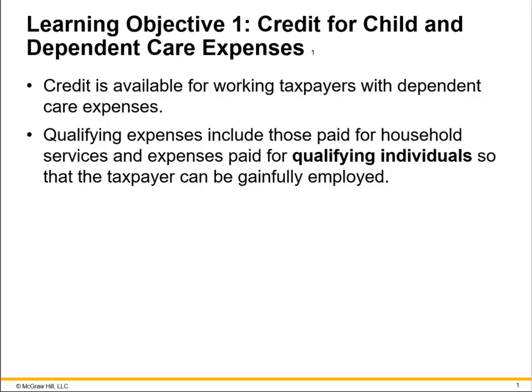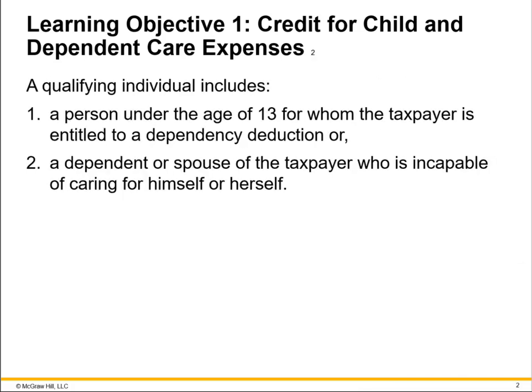Okay, so the first thing you have to have is a qualifying individual. That's a person under 13. So it's not the same as some of the other things in the tax law. This is age 13. That's a dependent, that same concept we talked about way back at the beginning of what a dependent is.